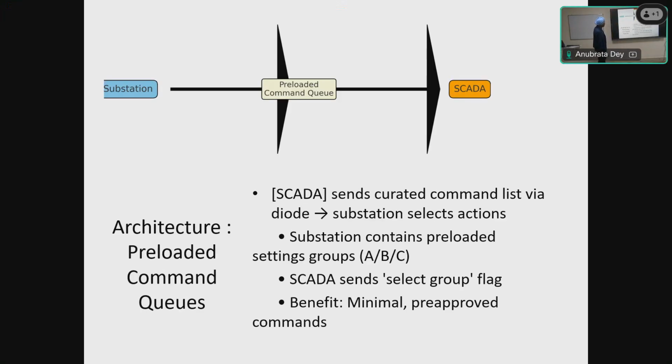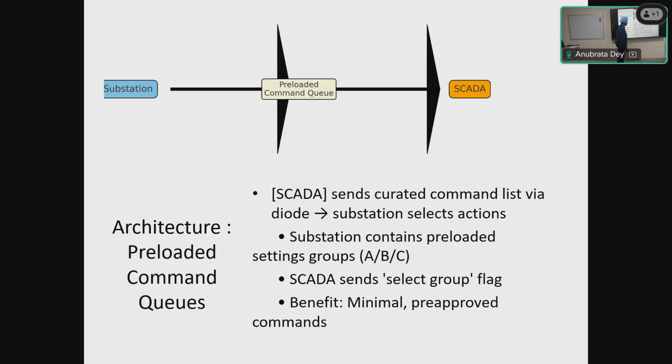And the third one is a preloaded command queue, because there could be some substations where you basically know that there are only 10 things you are going to do. You could preload those, right? So SCADA sends a curated command list via diode, and the substation selects actions.